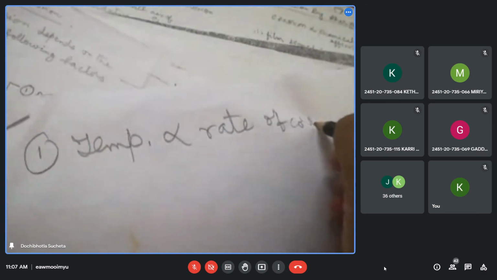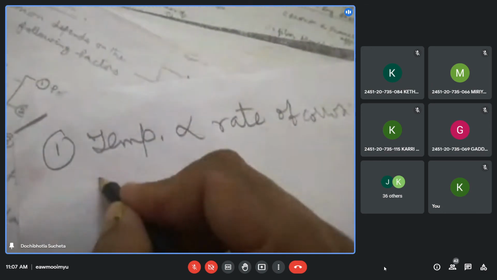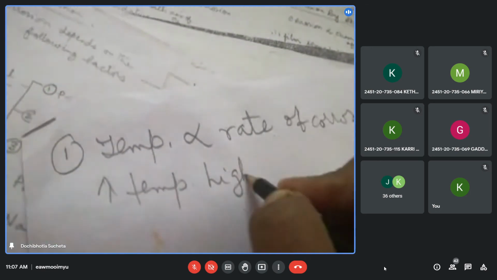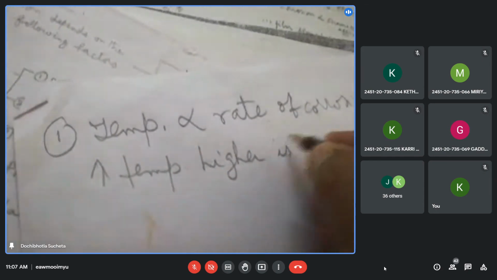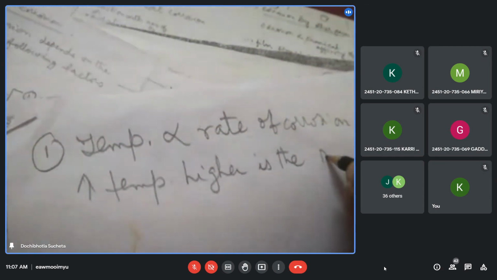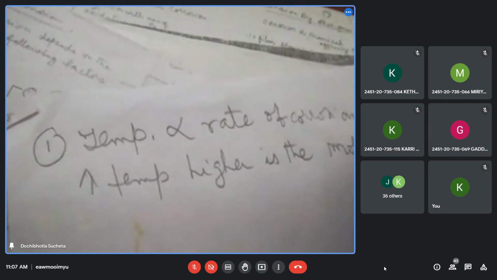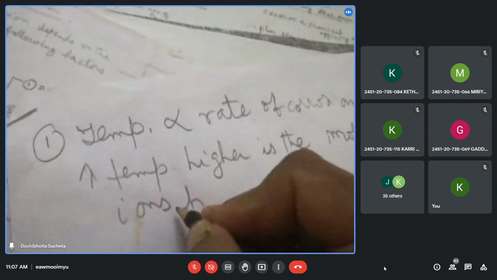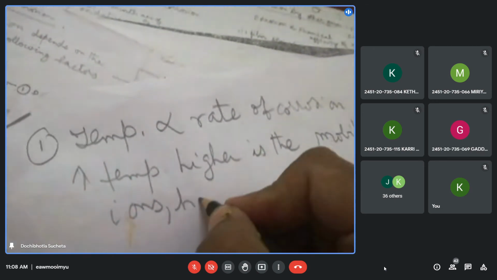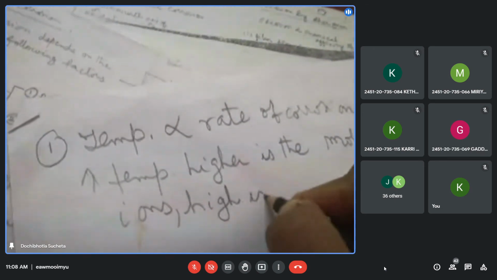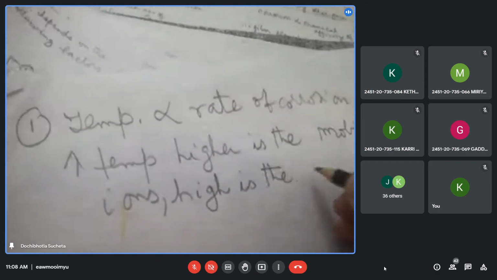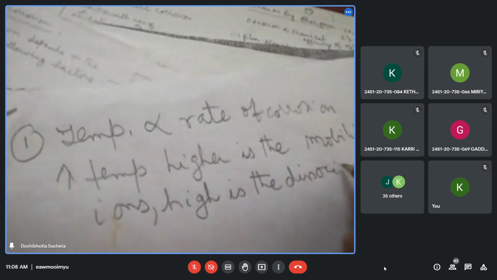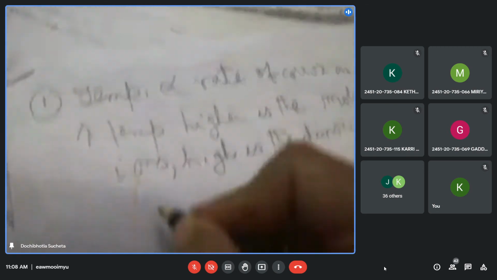Why? Because higher the temperature, higher is the mobility of ions, and higher is the dissociation of metal ion.